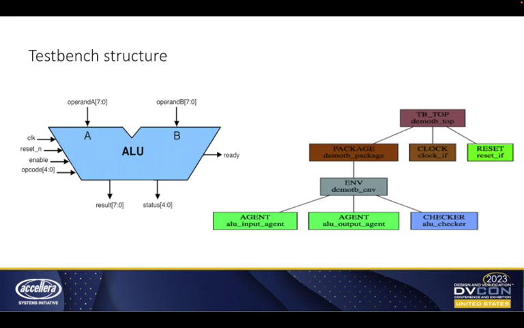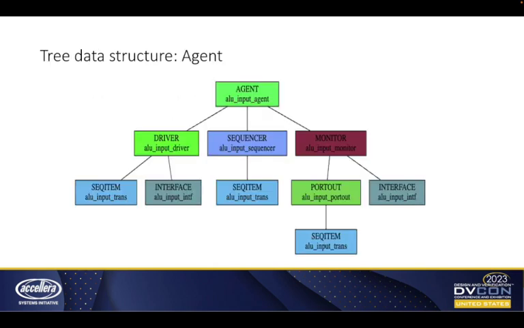This is not the end of the whole tree. If we expand one of the agent nodes, we can see more detail of what's under that node. We can see a driver, a sequencer, and a monitor component. That's how we construct the dependency tree for our UVM test bench.